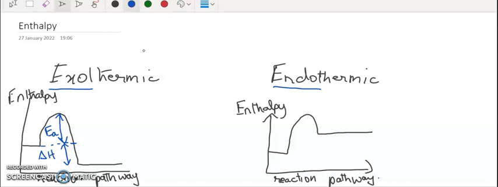And I've just labeled the axes. For endothermic, the activation energy will be here, and the change in enthalpy will be from here to here.